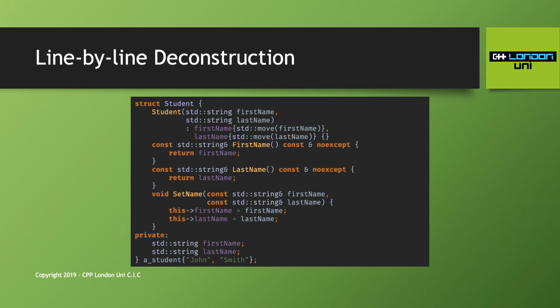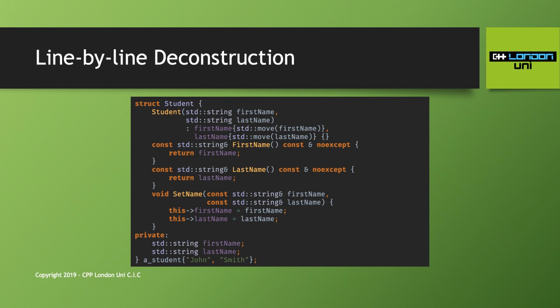I'm slightly confused on the set name. If you call set name with a student, are you setting the first name and the last name? I could do a student dot set name, and then in the brackets say Mike Smith.